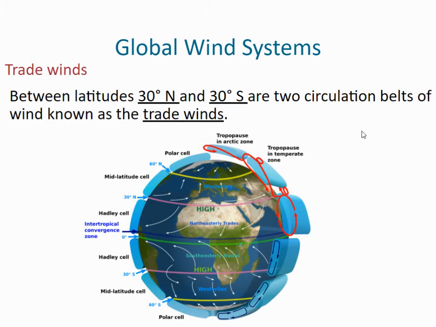And trade winds, the reason why they're called trade winds is because a lot of the time this is how boats would get to the west from the east. So you have a lot of trade. You've heard of the slave trade and the cotton trade and all that. That is coming based on the effect of the winds.